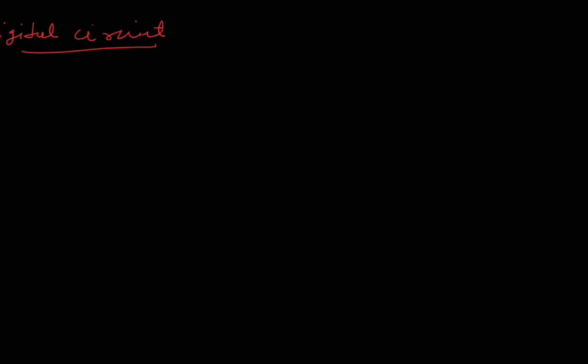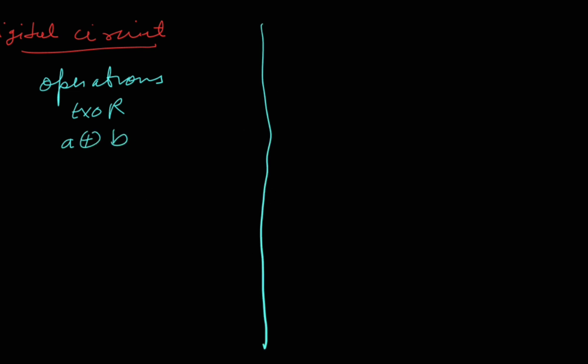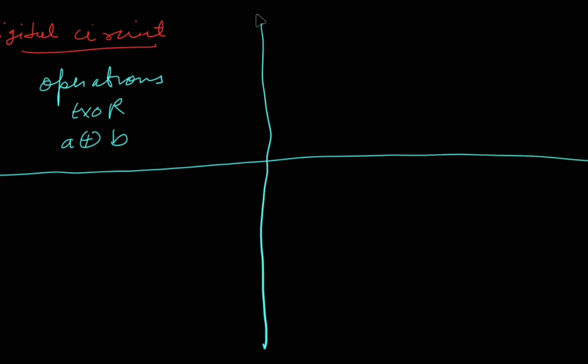Now understand which digital circuit will implement these operations. For example, for the XOR operation, which digital circuit will implement it? The digital circuit name is XOR gate.